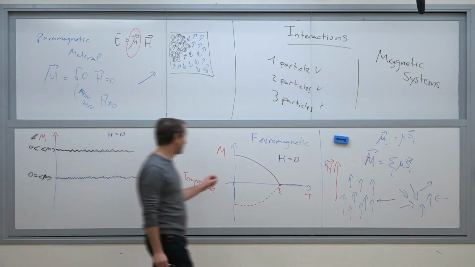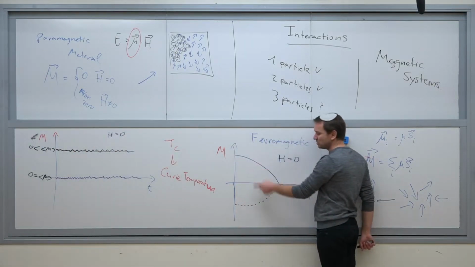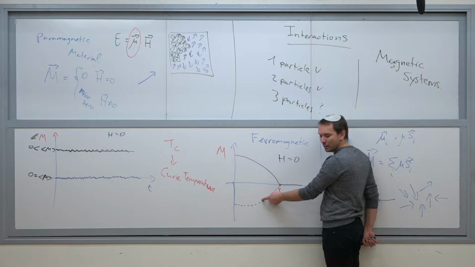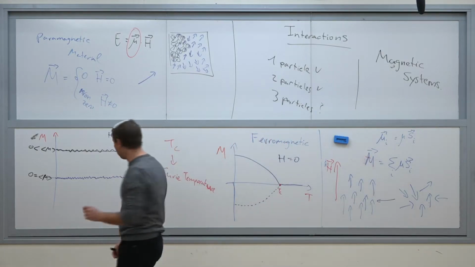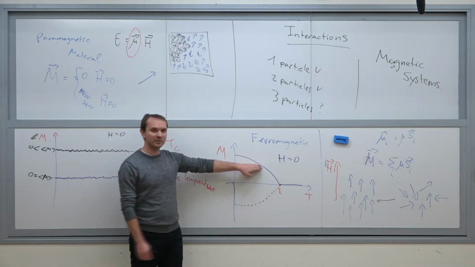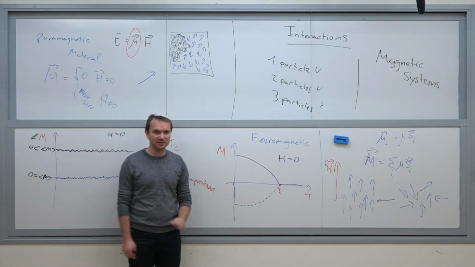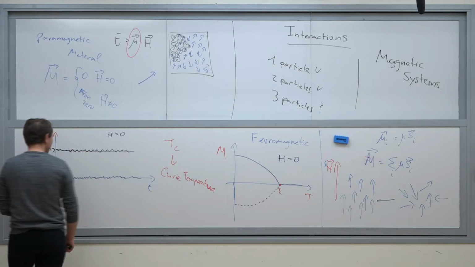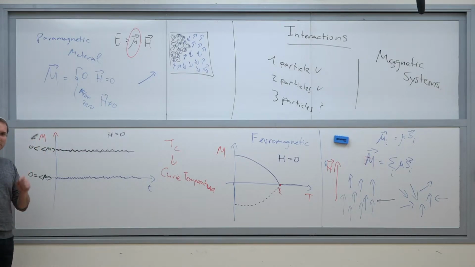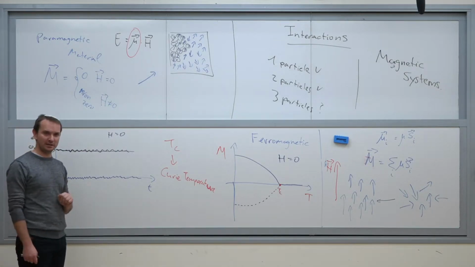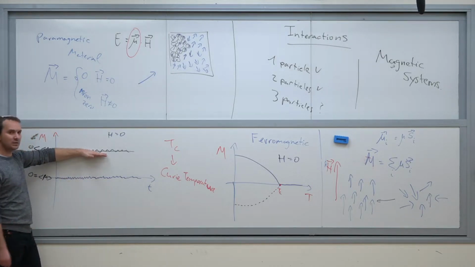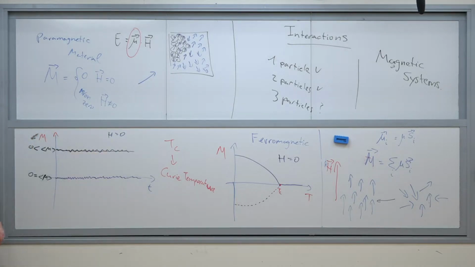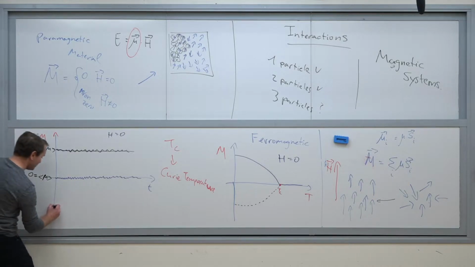Now, when I'm saying there are two solutions, how could it be that the system can be in a positive magnetization or negative magnetization? Well, sometimes a very, very rare event can occur that can take me from this magnetization to this magnetization.